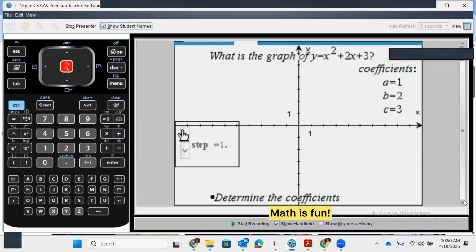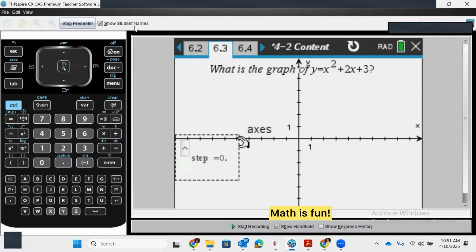Okay. Look, that's the coefficients. We just did it. You can write anything that I wrote down. Are you on the first step? Okay.